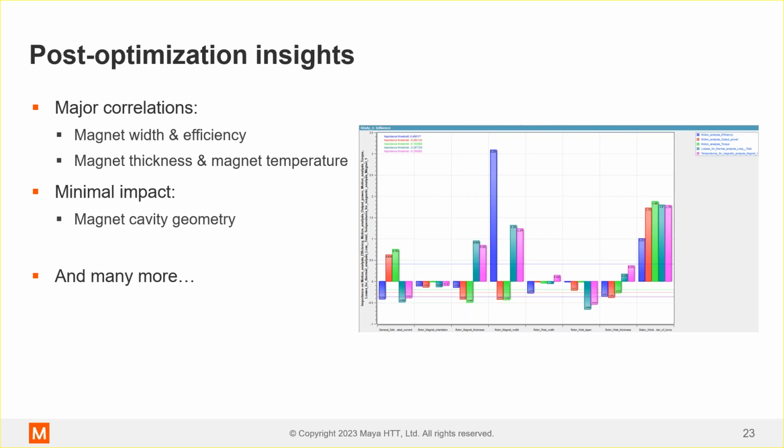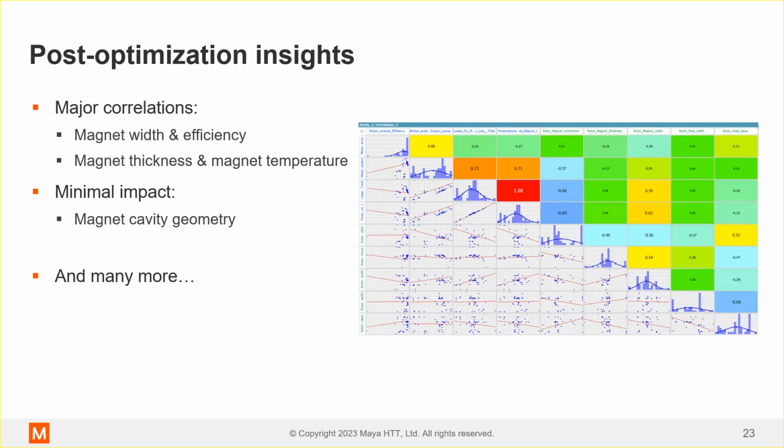So no matter how those magnets were oriented, size trumped everything. And as you can see, there are way more correlations, and there's a handful of different ways of visualizing these correlations inside HEEDS once you've run a study. And these can, of course, help inform your next stages of exploration or next stages of design.